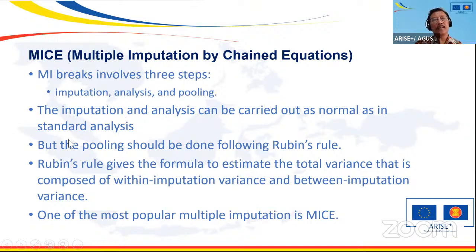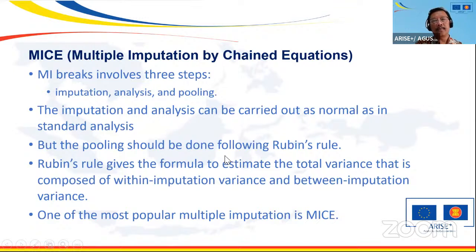When I talk about selecting a representative of the group of data sets, there are so many data sets. This should follow Rubin's rule. Rubin gave a formula for estimating the total variance.